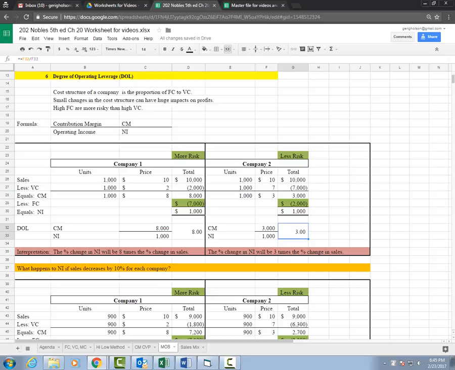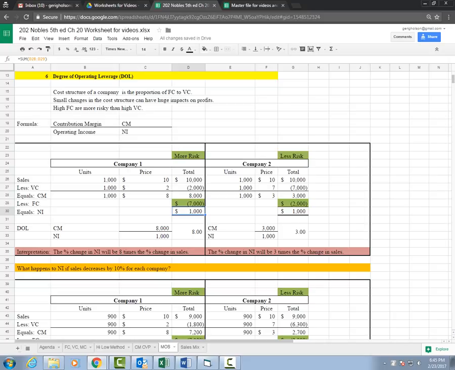What that means is that Company 1 is more volatile. You have a change in the sales, and it really affects the net income. So it has big swings, with more risk. Greater risk comes greater reward, or greater risk comes greater losses.